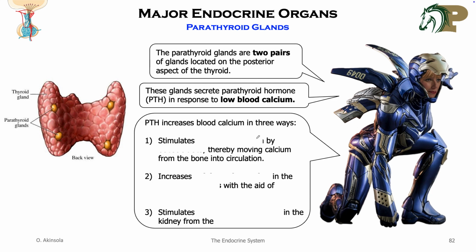Okay, so I want you to pay attention to what I'm about to say so you get a good handle on this. So T3 and T4, okay, they are released from the thyroid under the influence of thyroid stimulating hormone. Thyroid stimulating hormone comes from the anterior pituitary, okay?